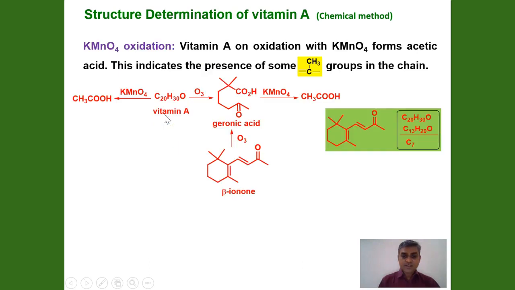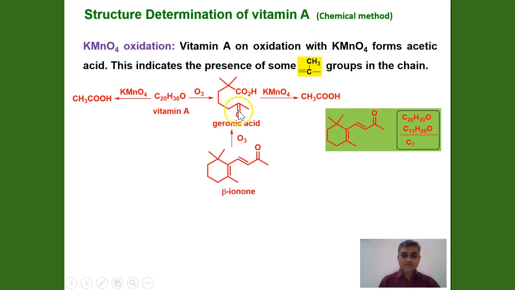Now let us discuss another oxidation experiment. In this experiment, vitamin A is subjected to vigorous oxidation with a chemical oxidant, and there is formation of acetic acid. Formation of acetic acid is possible only when a CH3 group is attached to a carbon-carbon double bond. We have to account for the remaining 7 carbon atoms, and since acetic acid is formed, there is a chance that a CH3 is attached to the carbon-carbon double bond.